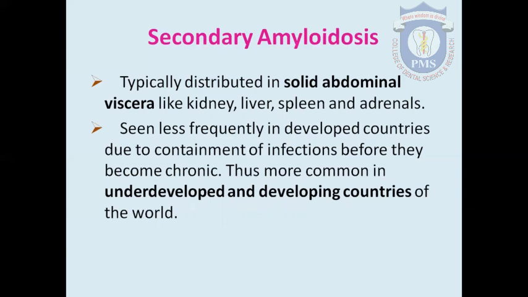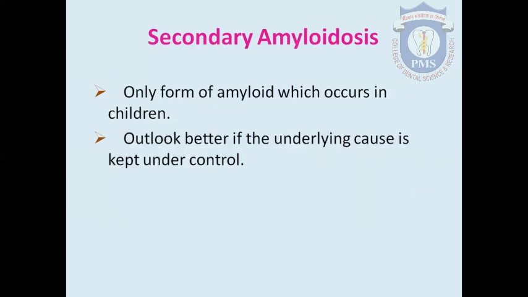Thus, it's more common in underdeveloped and developing countries of the world. Only form of amyloid which occurs in children. Outlook is better if the underlying cause is kept under control.